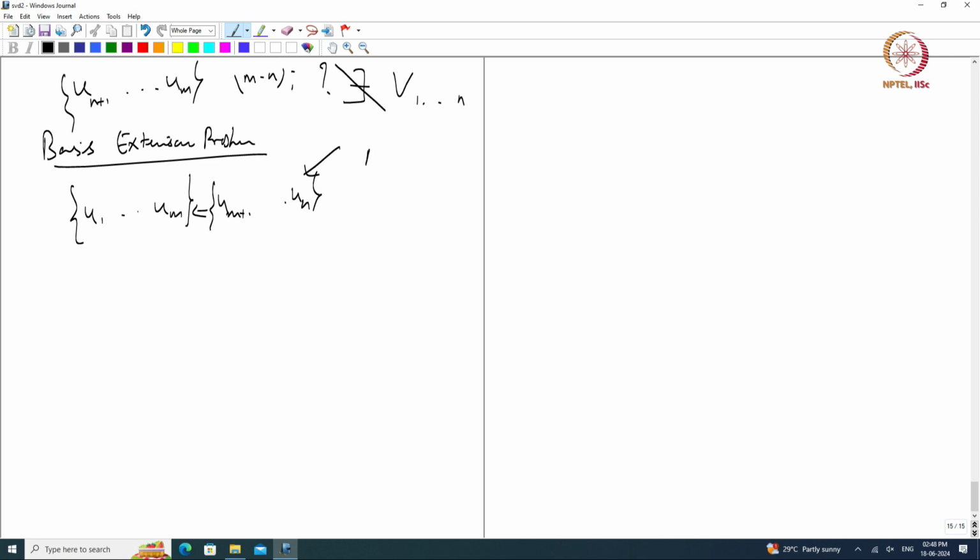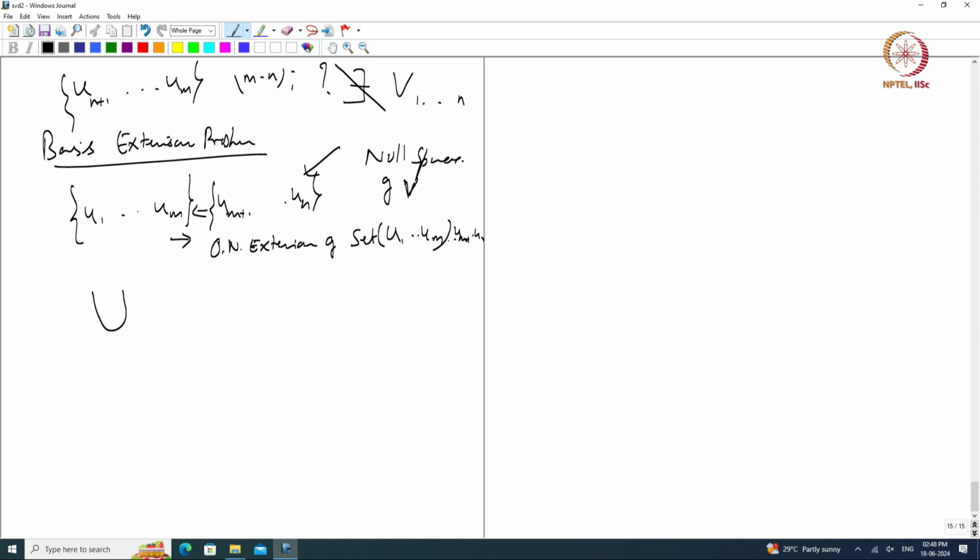This comes from the null space, or you can construct it right here. Basically you can do an orthonormal extension of the set u1 to un, all the way to un plus 1 to um.